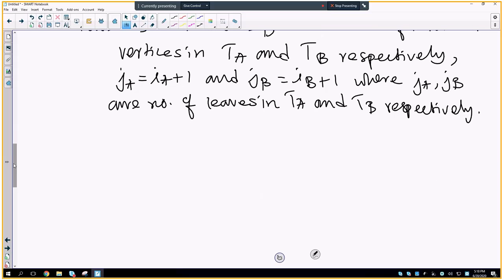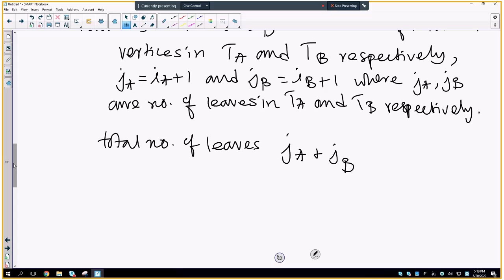So what we get to say is that the total number of leaves is as simple as JA, the number of leaves in TA, plus the number of leaves in TB, which is JB.